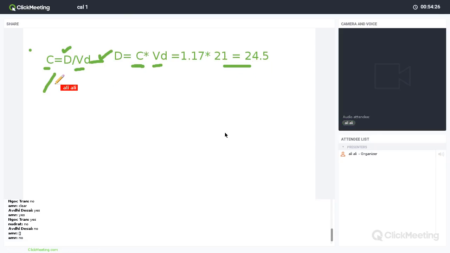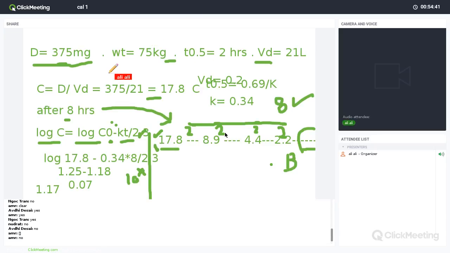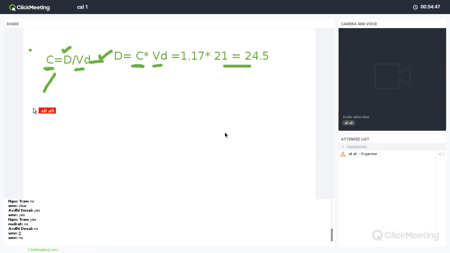However, here we will suppose that we do not know the initial drug concentration, which is also a very easy method to use. For the amount in the body after 8 hours, I have the initial dose in the body, which is 375. So we will use this approach.